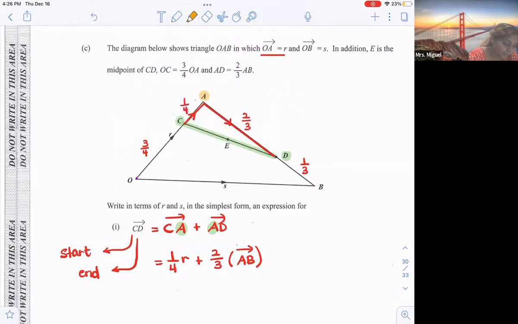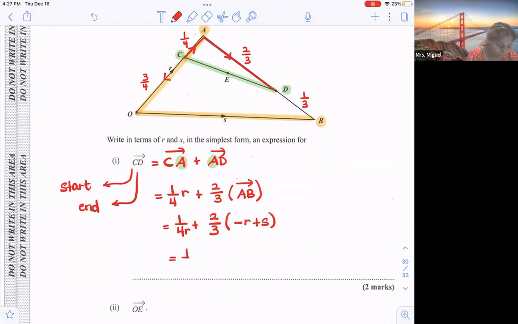We're going from point A to point B. So we will travel to O and then we will travel to B. But if we go from A to O, the vector must change the sign. It is like you are walking forward, now you're walking backward. So this would be 2/3 of minus R plus S.